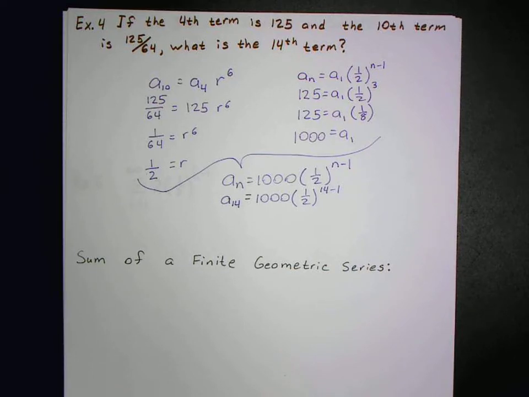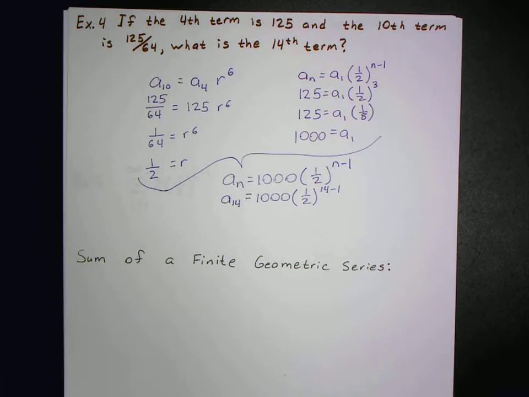I don't want it to look like that. How do I change that to a fraction? Okay, let's do it this way. One half, or here, let's do 2 to the 13th. Now 2 to the 13th power is 8192.